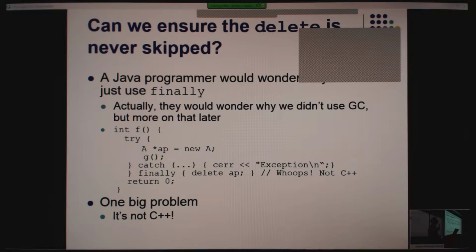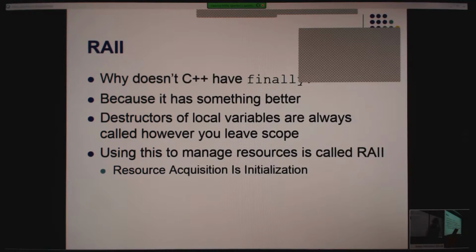Does anybody know what that is? RAII. Right. So RAII is short for resource acquisition is initialization, right? So I always have to look that up when I teach my class because it's ridiculous, but you can remember RAII.